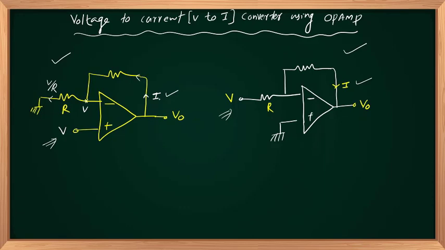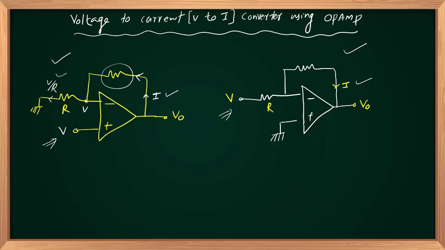So that current I is actually independent of the feedback resistance. So irrespective of this resistance, current flowing through this resistance will always be I, that's equal to V upon R.